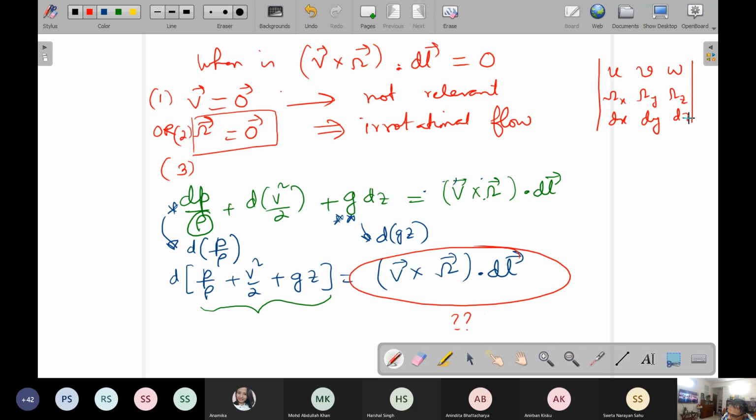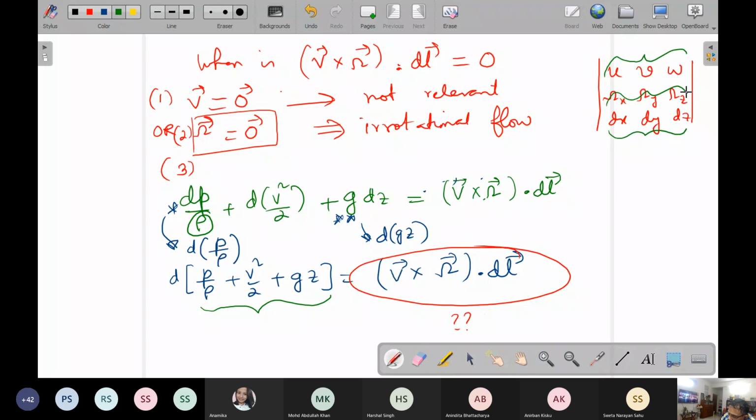In the determinant, the first row is pointing in the direction of velocity, the third row is pointing in the direction of dl, the line element, and the other is pointing in the direction of the so-called vorticity.